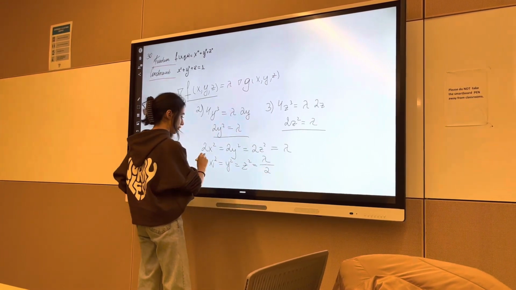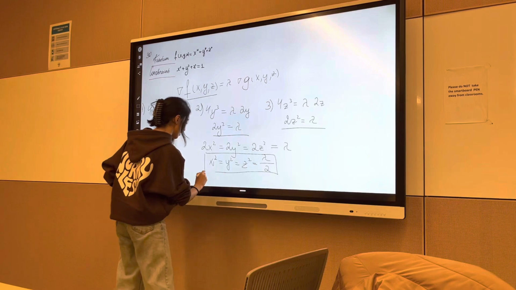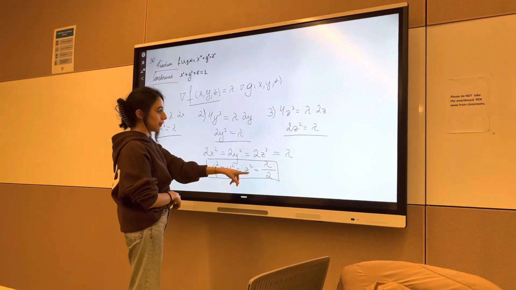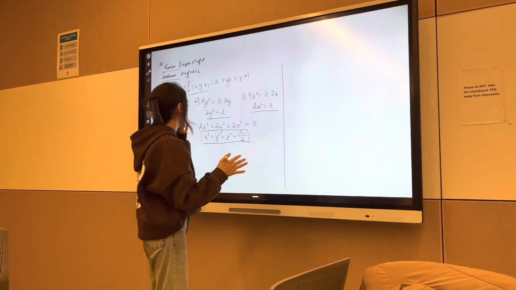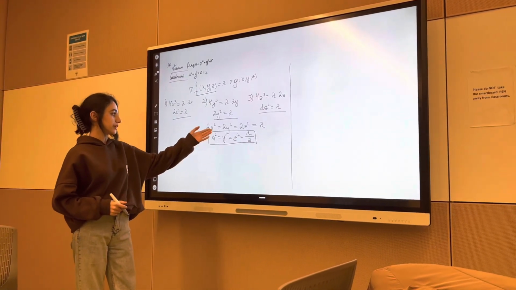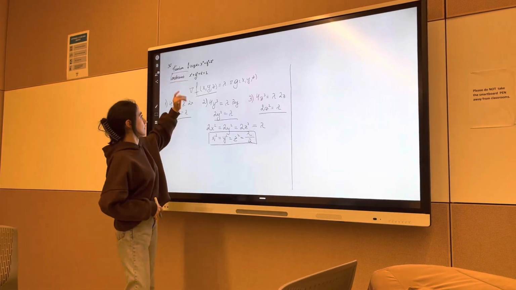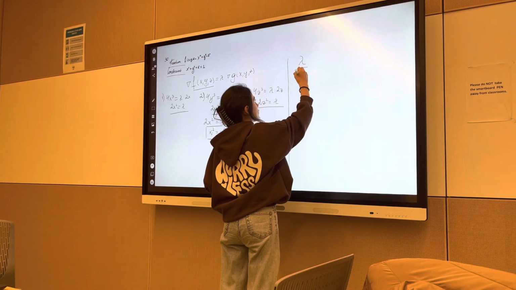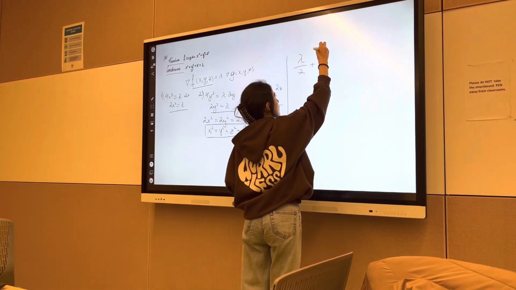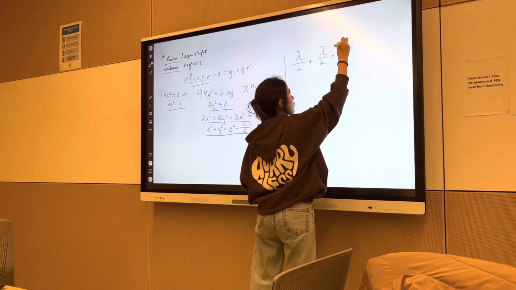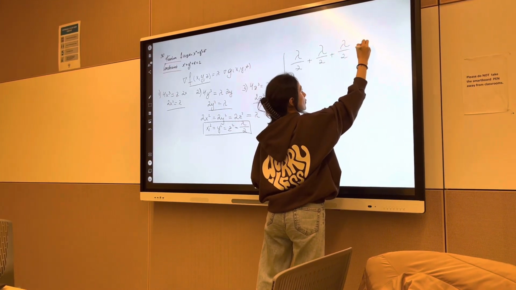So as we have these values, we can plug them into our constraint and find the value of lambda. So now that we have the values of x squared, y squared, and z squared, we can replace them in our constraint and just write that lambda over 2 plus lambda over 2, once again lambda over 2, is equal to 1.